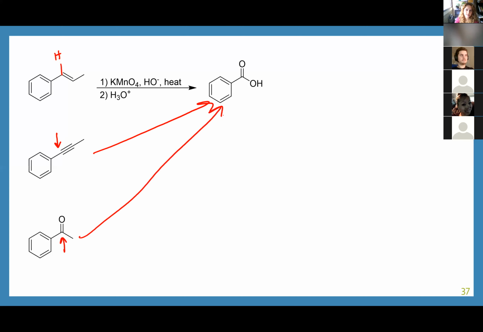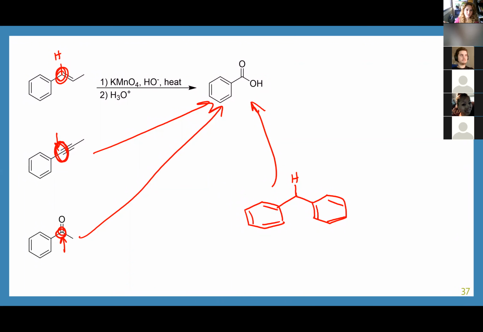So the hydrogen question is about when we have alkyl groups. So if you have an alkyl group, or even something like this, as long as you have a hydrogen here, you will make benzoic acid. If you have a pi bond attached to the benzylic carbon, you will still make benzoic acid.